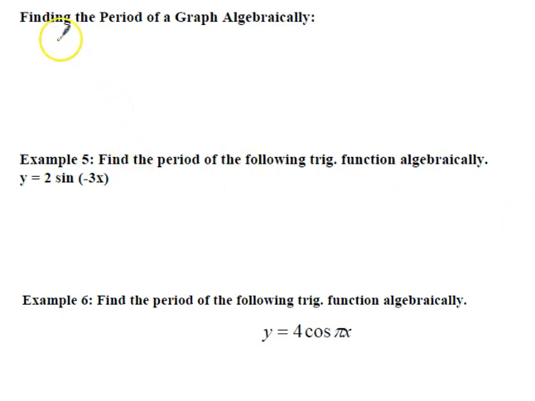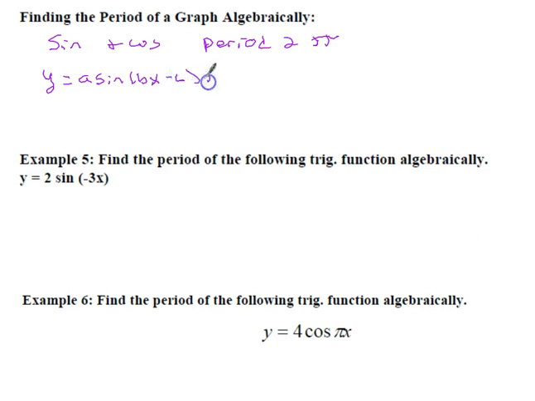So both sine and cosine of the parent function have a period of 2 pi. As we look at general equations, it's going to be y equals a sine(bx minus c) plus d.